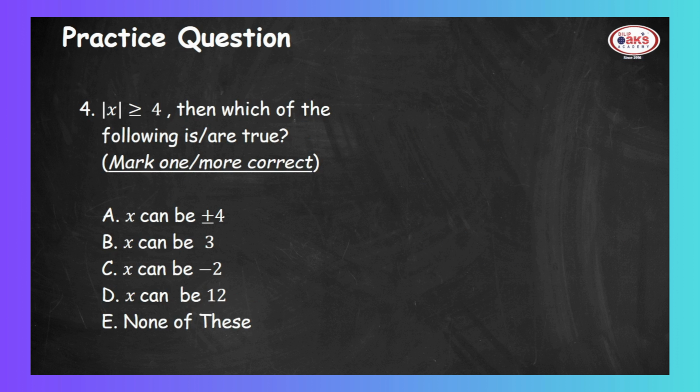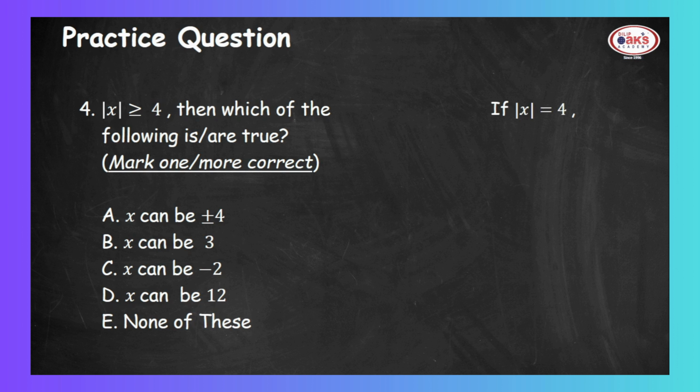Now let us come to an important concept, which is absolute value of x, also known as modulus of x. What is stated here is mod x is greater than or equal to 4, and we are asked to find which of the following statements is or are true. Of course, with the instruction mark one or more correct.